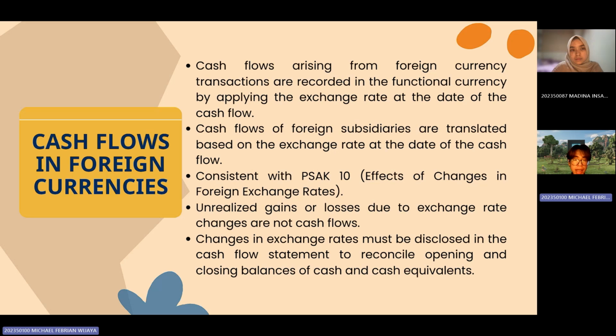The third one is that it must be consistent with PSAK 10 on the effects of changes in foreign exchange rates. Unrealized gains or losses due to exchange rate changes are not cash flows. And the last one is that changes in exchange rates must be disclosed in the cash flow statement to reconcile opening and closing balances of cash and cash equivalents.